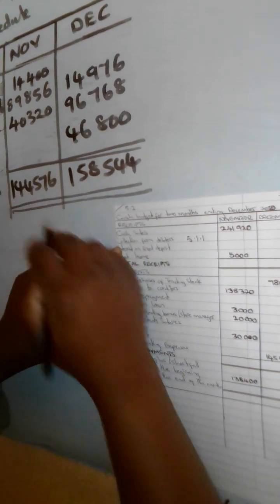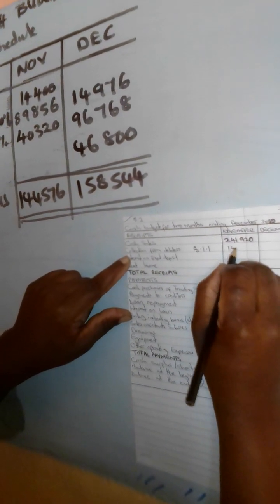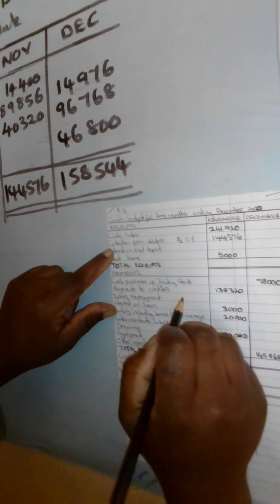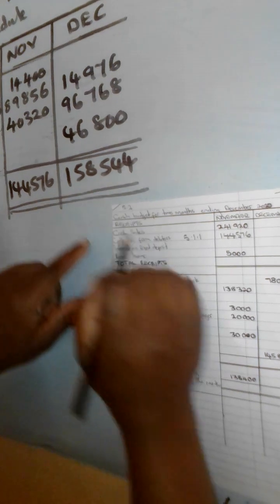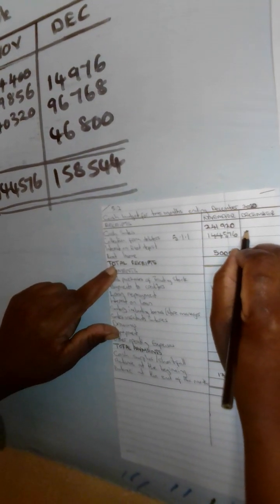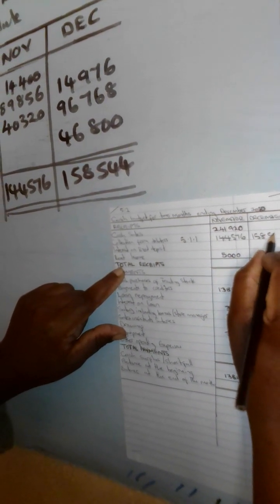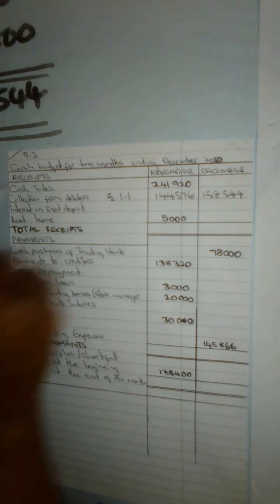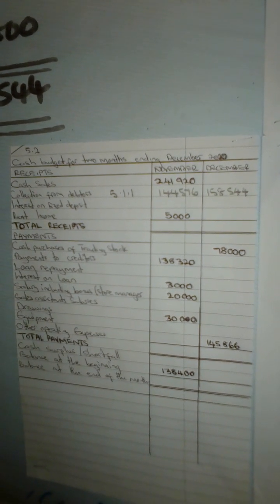So we have 144,576, and then we also have 158,544. Remember where we got these amounts whenever we are going to be doing the cash budget.